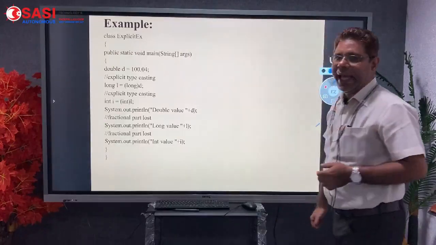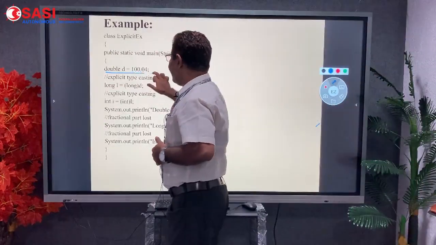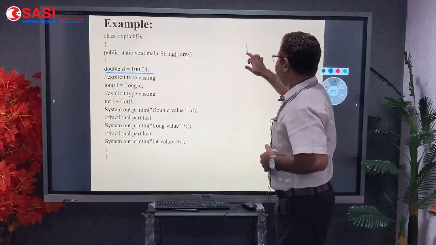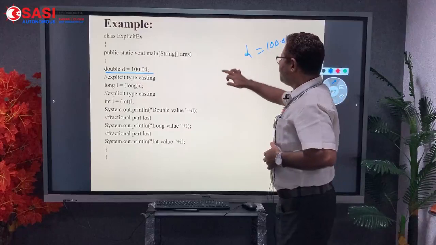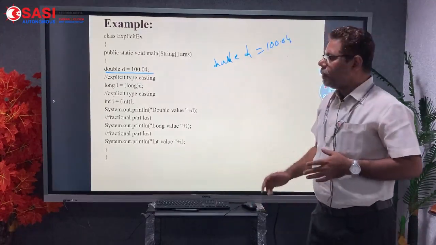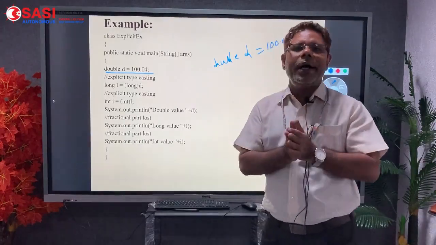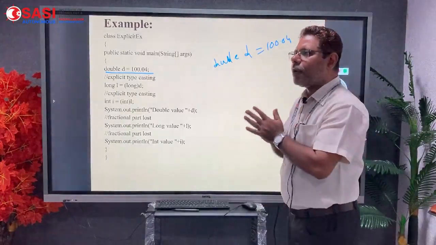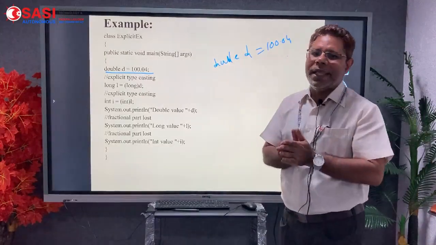The program for the explicit casting is: consider double d = 100.04. So d equals 100.04 of type double. Now we want to try to convert the double value into the long. So here it is not possible since the double is the higher data size compared to the long.